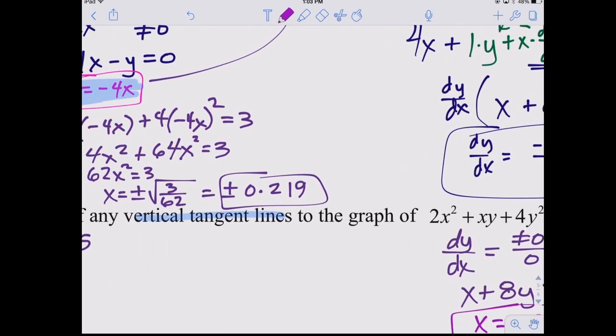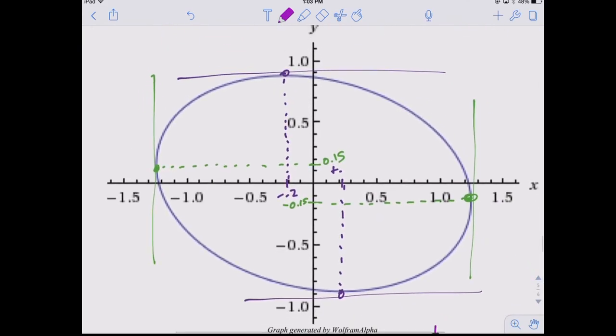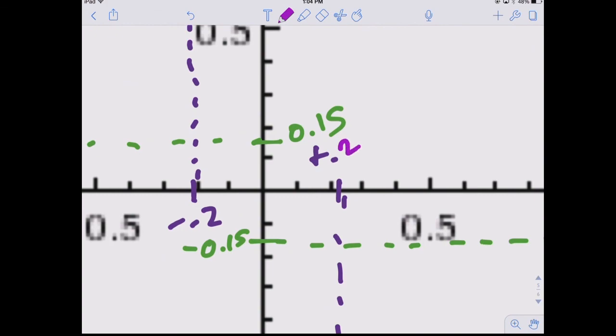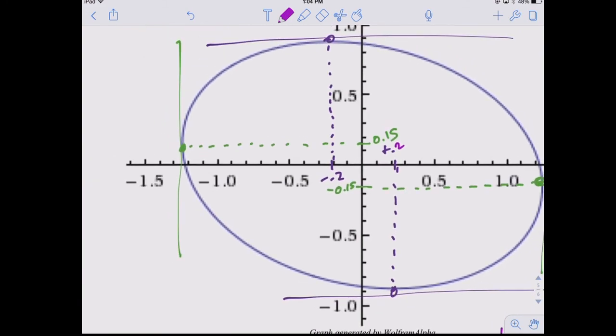And up here, the x-coordinates were about 0.219. So what I did is I came up here and I looked. The scale here is 0.1. So if you go to like negative 0.2-ish and go up, there you go. You have your horizontal tangent. Spot on the money. Positive 0.2, I didn't write the 0.2, and go down, you get another horizontal tangent. And then we knew the y values were about 0.15.